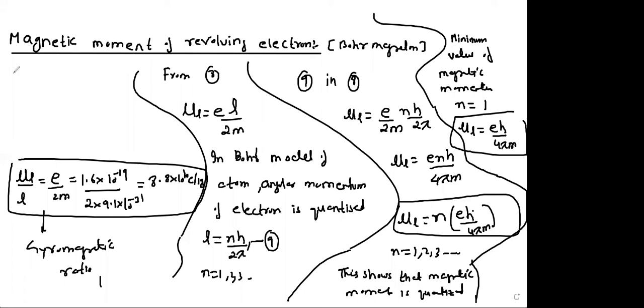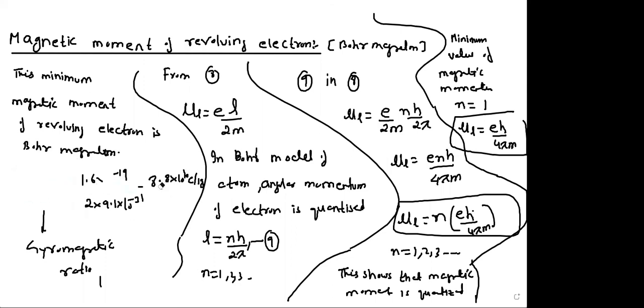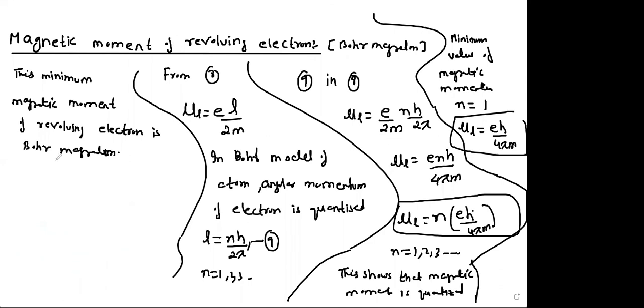So this minimum magnetic moment of a revolving electron is the Bohr magneton.